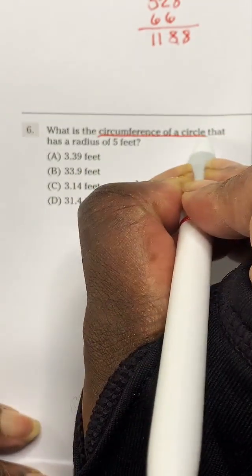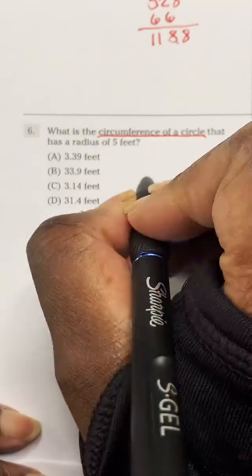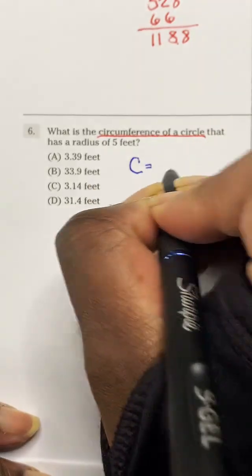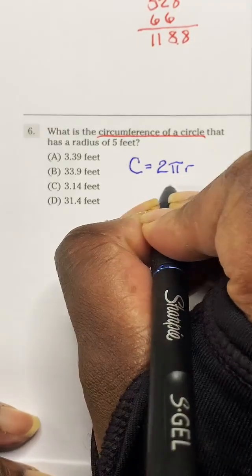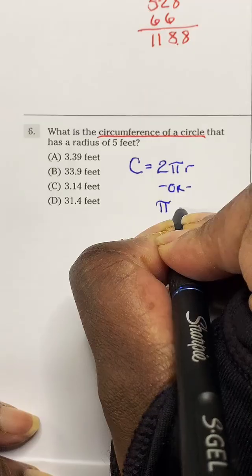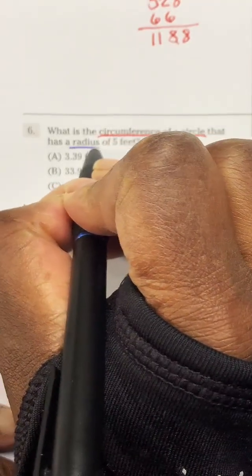So, circumference. Okay, circumference of a circle. So we know that circumference of a circle is one of two formulas. It's either going to be my 2 pi r, or it'll be your pi d. So right now, they're giving me a radius.